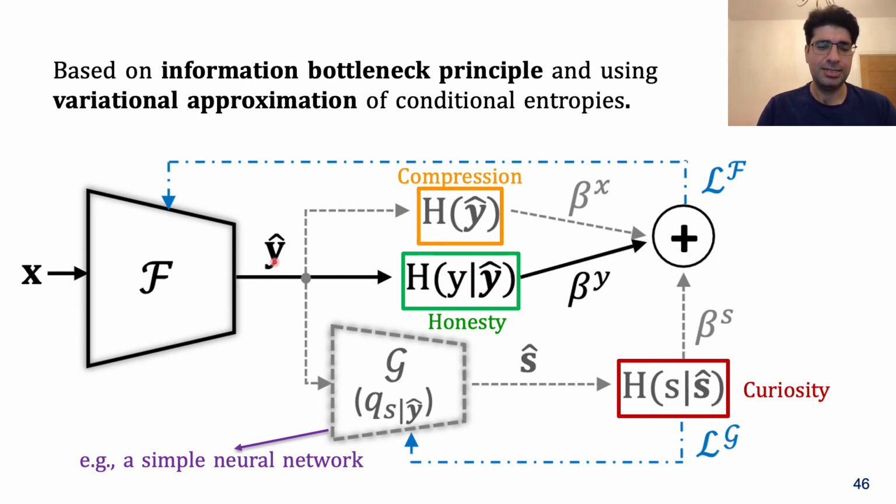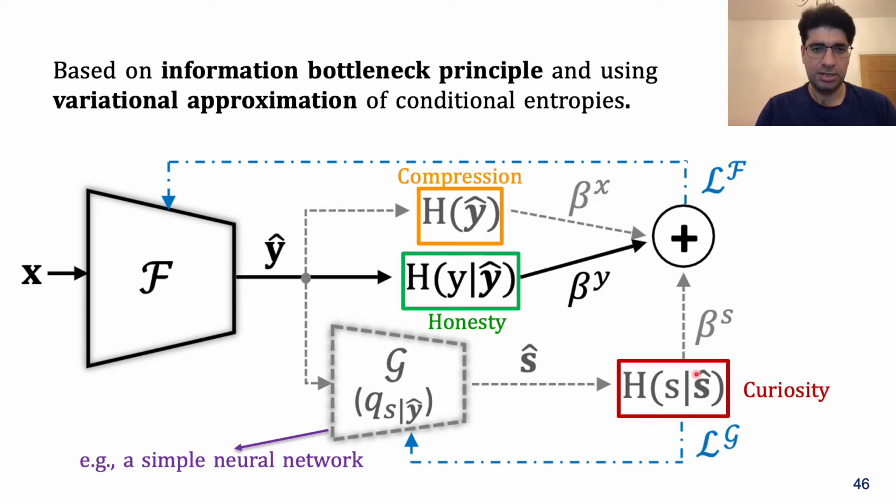This model takes the output of the main classifier as the input and gives us an estimation of the sensitive attribute. So the output of this model will try to enforce the curiosity into the main classifier.